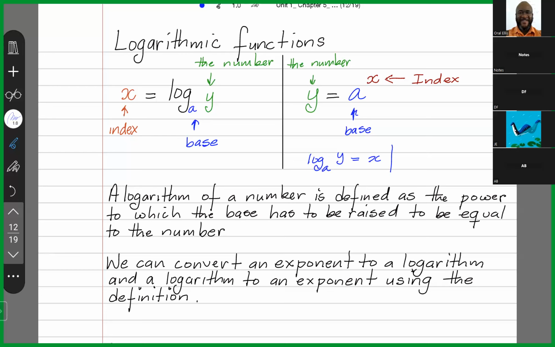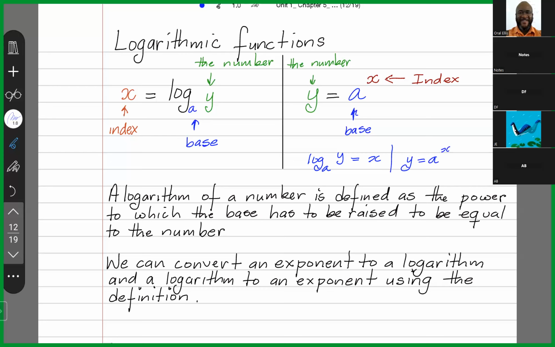The logarithm of a number to a particular base is the power to which the base has to be raised to be equal to the number. So if the logarithm to the base a of y is equal to x, it means that the number y is equal to the base a raised to the power x.